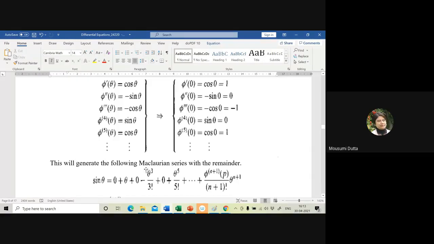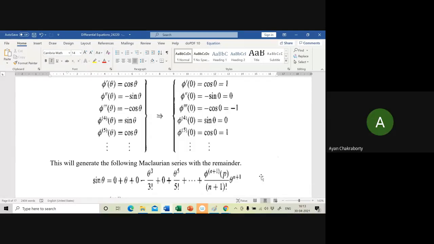If we consider the Taylor series in a specific way, we get this kind of series. Are you familiar with this expansion of the Taylor series?